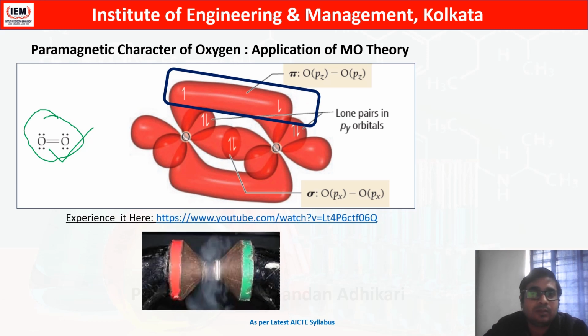So they tried to explain it based on MO theory. By the time MO theory was discovered, they were able to explain that because of the presence of the unpaired electron in the pi anti-bonding molecular orbital, oxygen is paramagnetic. So this is one of the good applications of MO theory. There are various applications.